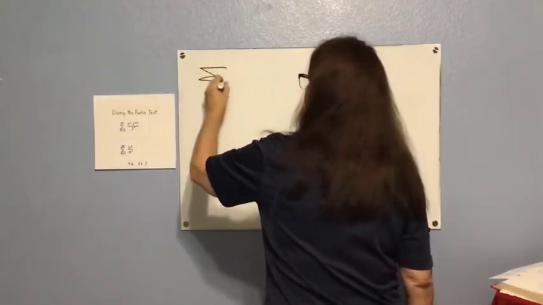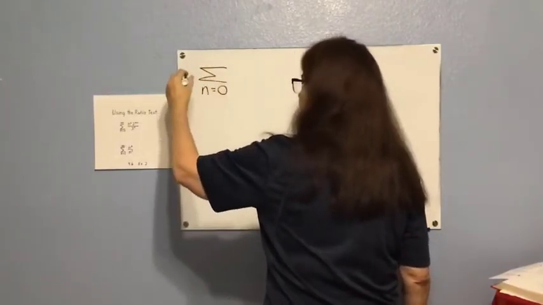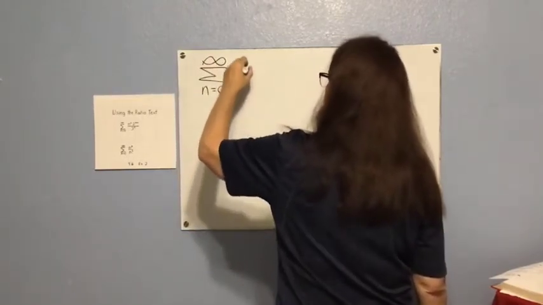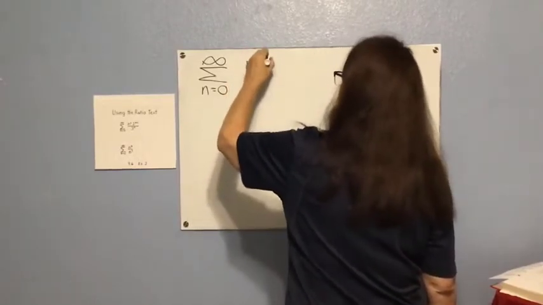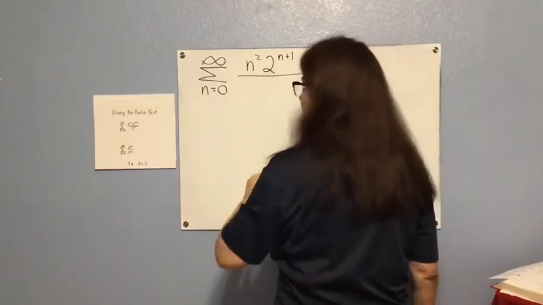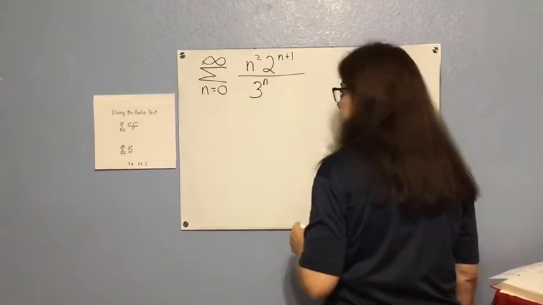And let's start with our series. This time the sum from n equals 0 to infinity of n squared times 2 to the n plus 1 over 3 to the n.